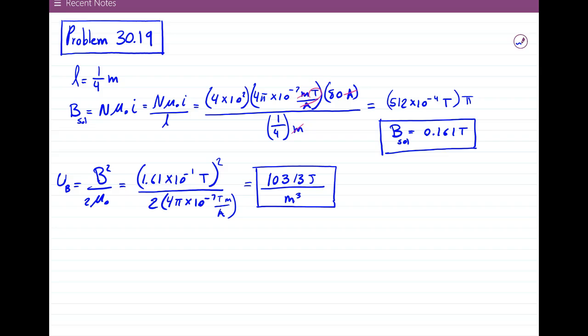Isn't that right? Yeah. Is that the energy stored, or is that the power? Okay, so L, have we found L yet? No, we haven't.